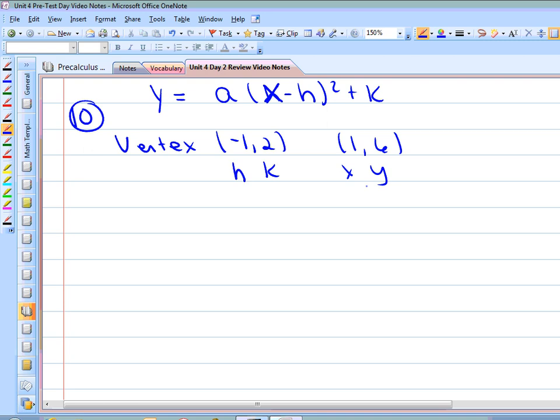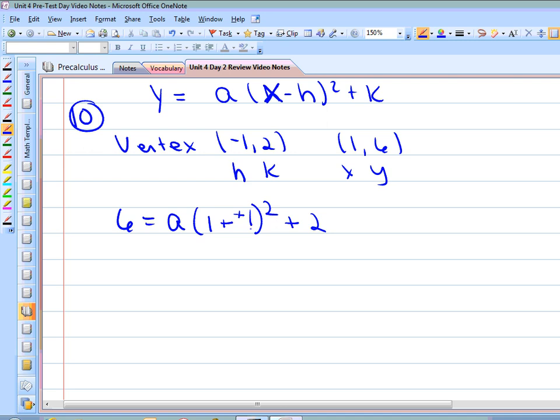So y, which is 6, equals a, we're going to figure that out, times x, which is 1, minus h. H is -1, so that's going to be plus a positive. Watch that. We're going to square all that, and then plus k, and k is 2.